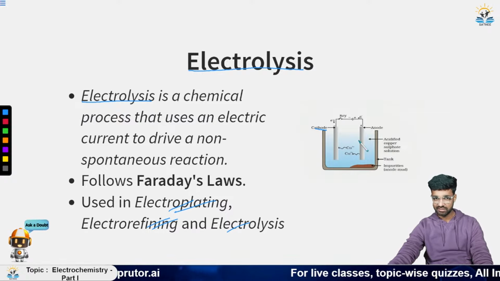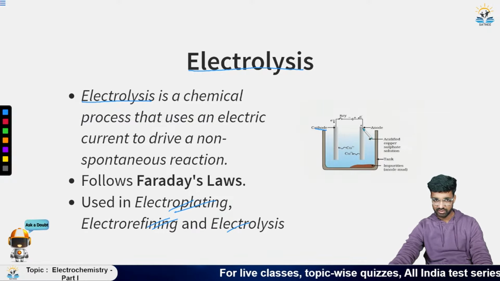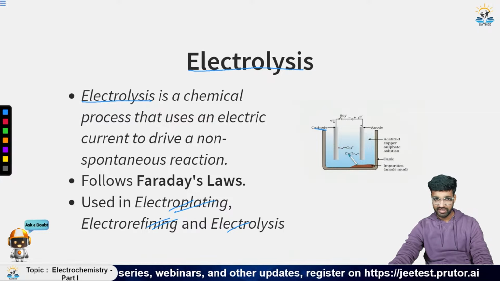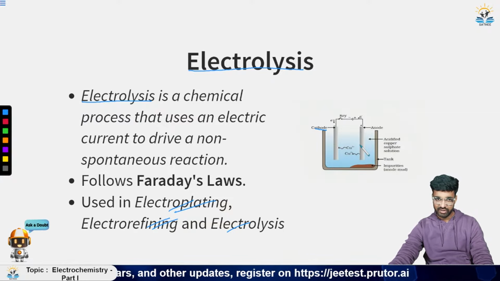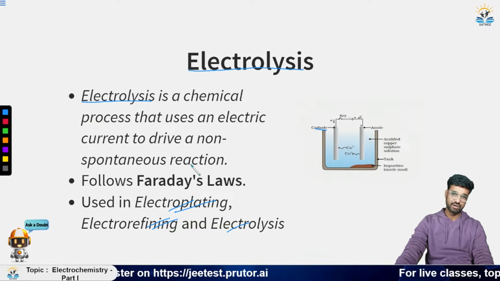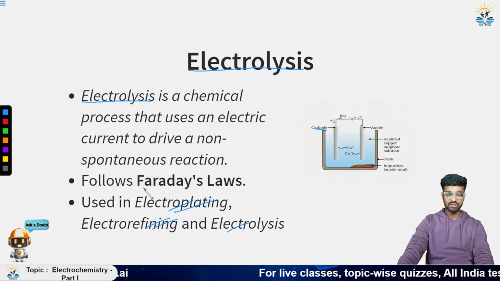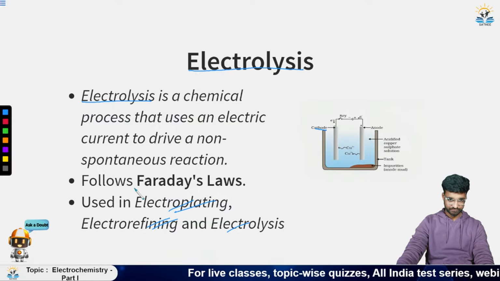We do a similar reaction. The only difference is that we take the material we have to electroplate with, and the iron which has to be electroplated is put here. Now the same reaction goes on, and the metal slowly gets deposited over the whole iron, and we get a protected iron metal that is not corroded by reaction with oxygen.